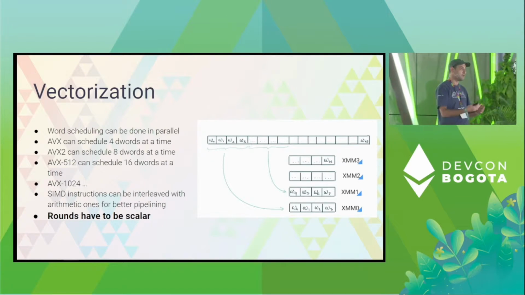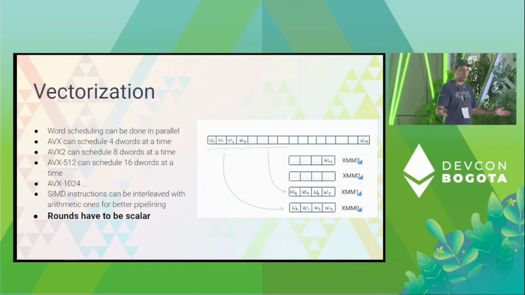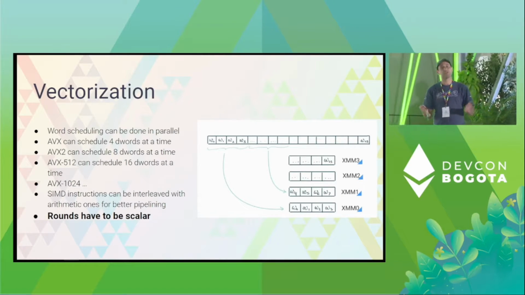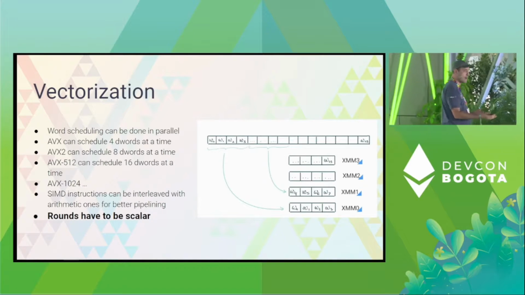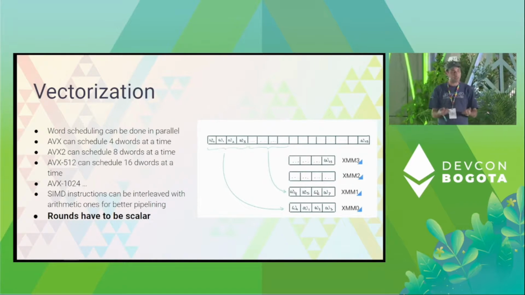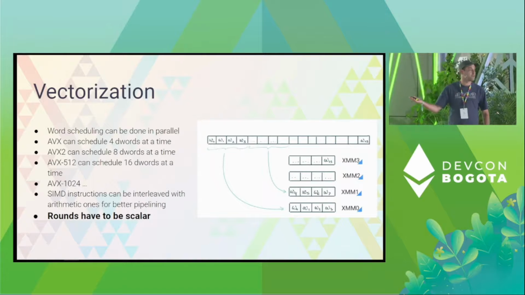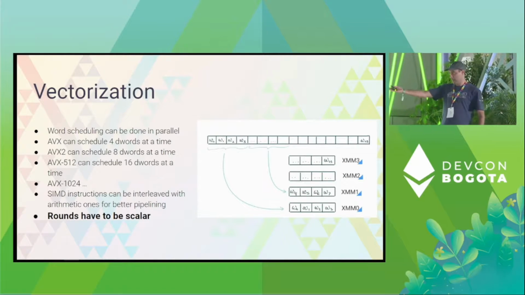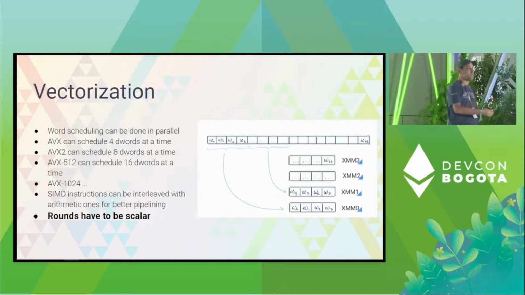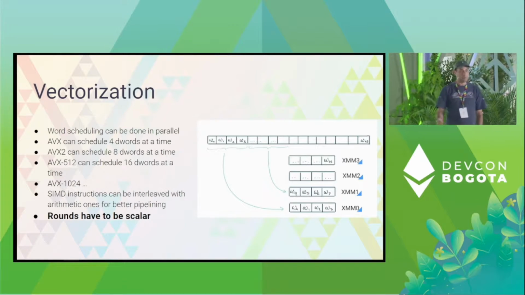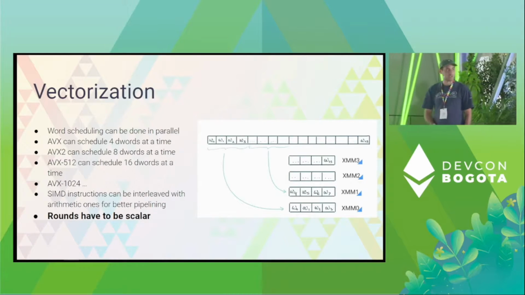The CPU has several ports and can take different types of operations at the same time. So you can be computing the 5th round, which is a computation that has to be done on the scalar part of the CPU because it cannot be in parallel. And at the same time, you're computing the sixth word in parallel on vector registers.